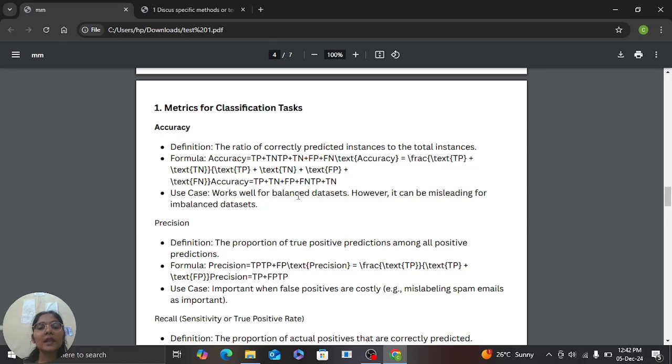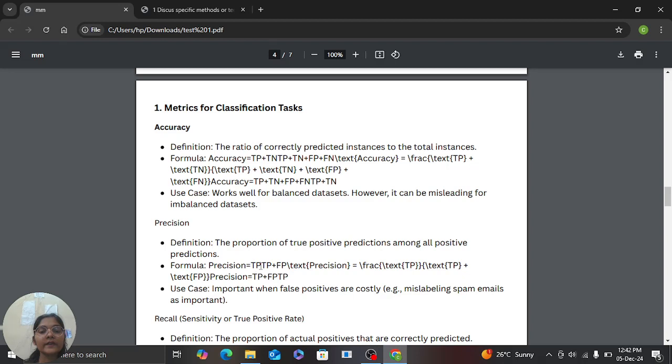This is used for balanced data sets. However, it can be misleading for imbalanced data sets. So this is the use case of the accuracy metric. Now the next metric is precision. Precision is defined as the proportion of true positive predictions among all positive predictions.